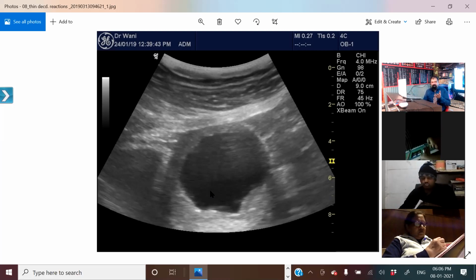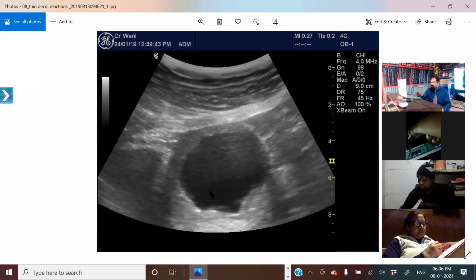And fetal heart should be seen if the CRL is more than 5 millimeters. Please note these points. These are very important. By this, you can decide. If CRL is 5 millimeters or more, you have to have a fetal heart.